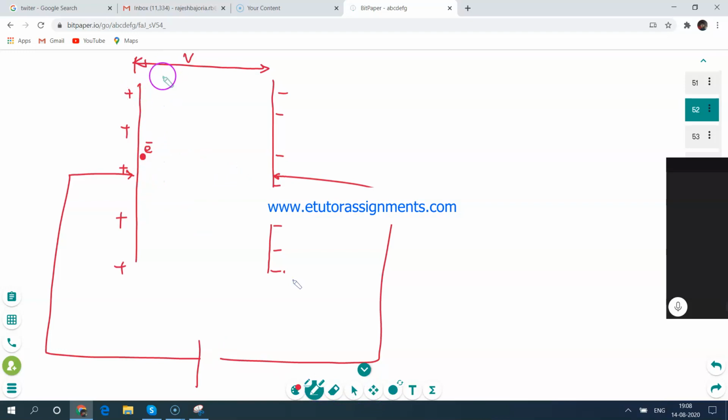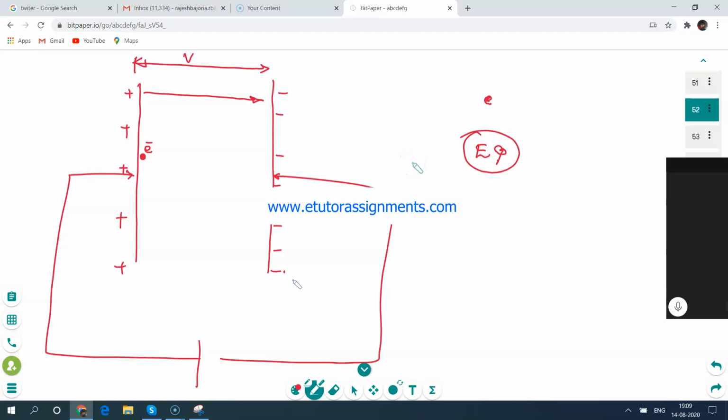Please understand. When there is a charge between the plates, there is an electric field here. If any charge is placed, its potential energy will be E times Q, where Q is the charge of the particle. EQ is the electric potential energy.